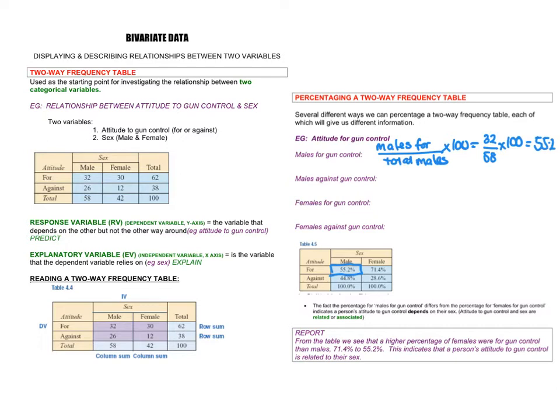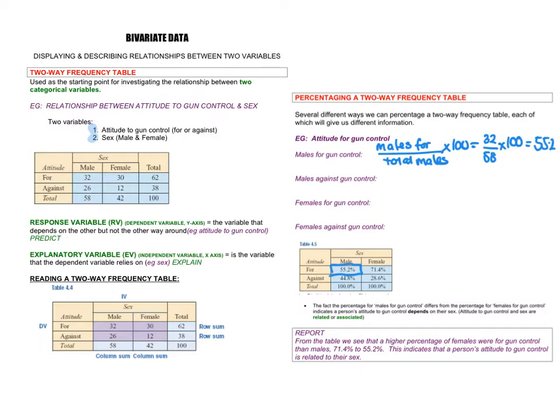So we're going to first look at two-way frequency tables. I think we did a little bit of this when we did frequency tables, but here you can see there's a two-way, there's bivariate data. If we went to survey people on gun control, whether they were for gun control or against it, and what sex they were, male or female, you can see there's the two pieces of information.